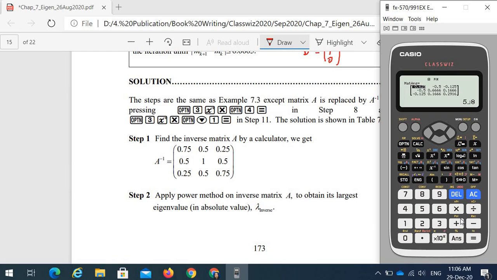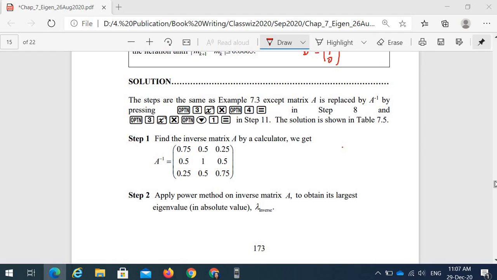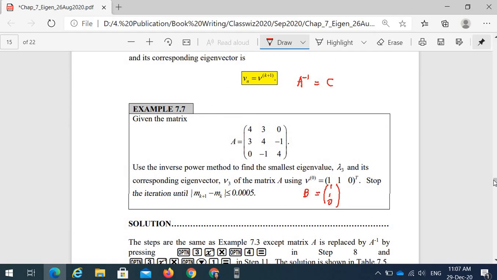I don't want to do A inverse each time, so I want to put this into C. What I did exactly was find the inverse matrix, then press STO, and then C. So now the matrix answer is stored in matrix C. Matrix C is my A inverse.